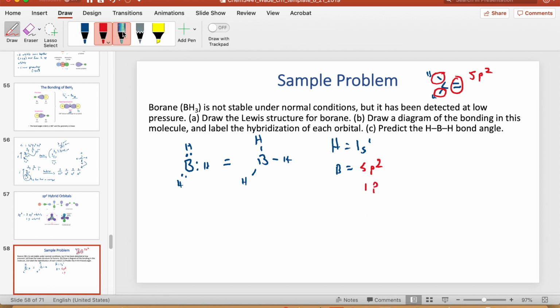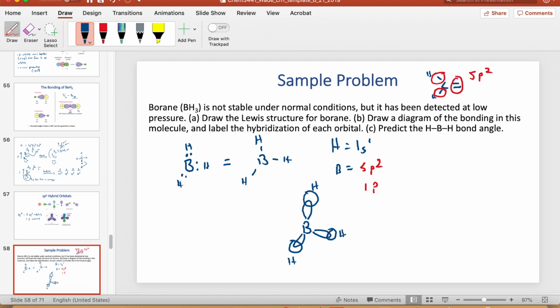If we want to look at the bonding diagram, we have boron in the center, and I'm going to have something that looks like this: hydrogen, hydrogen, hydrogen.